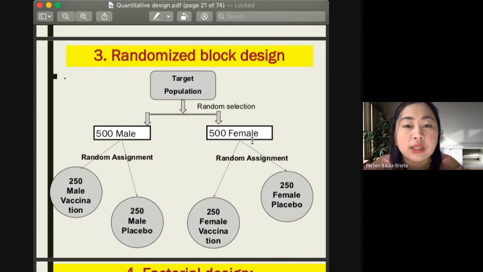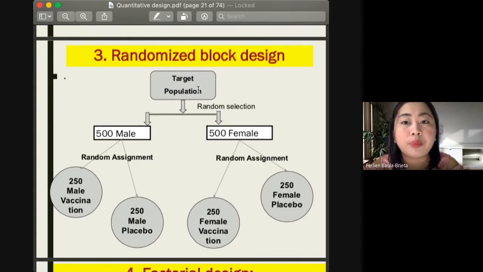When you say single-blinded, the researchers will know who will receive the vaccine and who will receive the placebo. But our population will not know what they are receiving. That is the single-blinded randomized block design. While on the other hand, we also have double-blinded study or double-blinded randomized block design employed in randomized controlled trials.